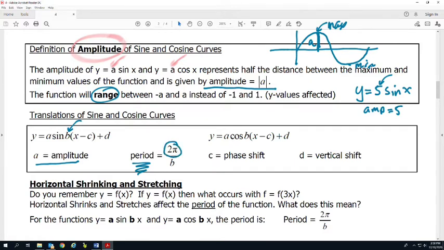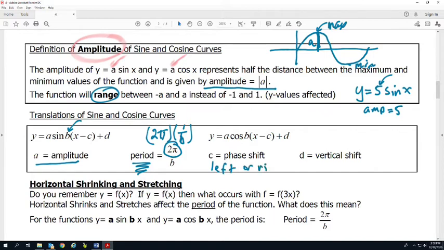So if it changes, remembering those transformations, that value that's with x, you do the opposite of it. So basically what you're doing is 2 pi times 1 over b, which gives you that 2 pi over b value.